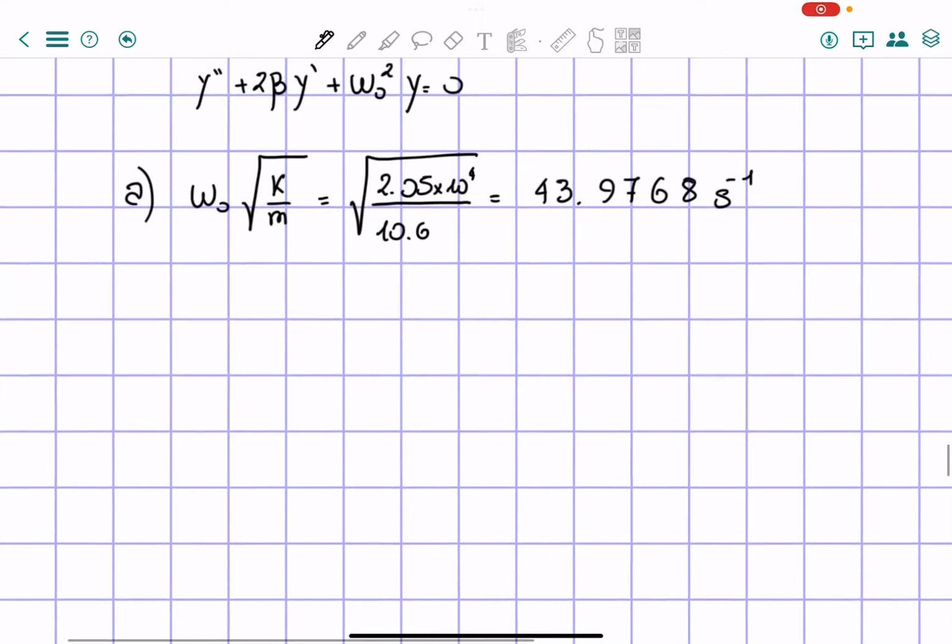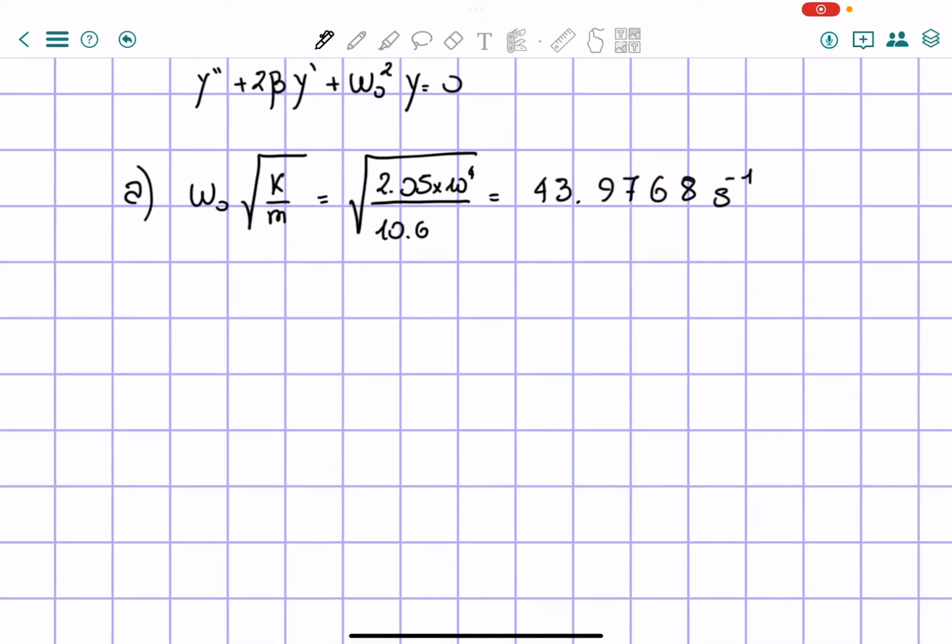Well, it means that when we have a damped oscillation, omega 1 is going to be equal to the square root of omega naught squared minus beta squared. Why this? Because it's a weak damping.